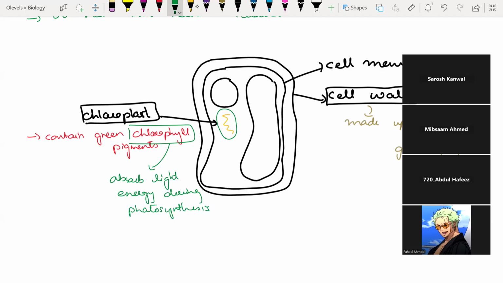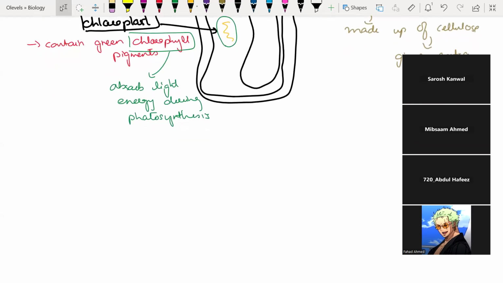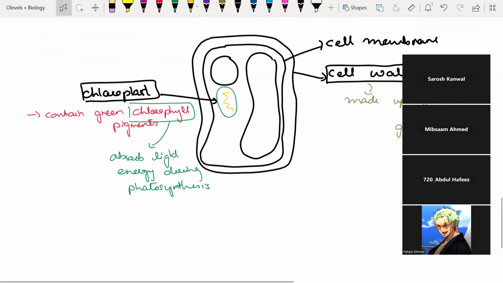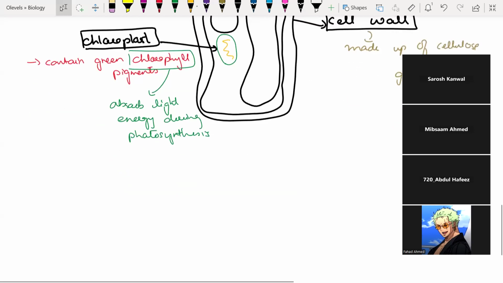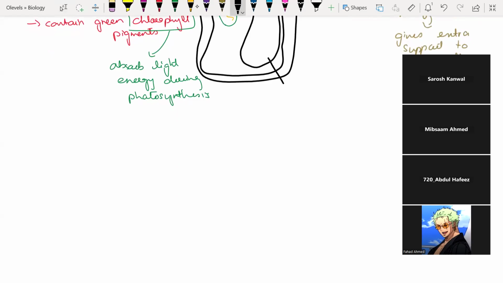You got it? Okay. Then there is an additional thing that is present. Not an additional thing, there are vacuoles in animal cells as well. But such a vacuole, a large central vacuole, is only present in plant cells.